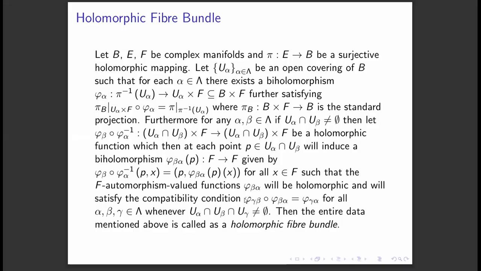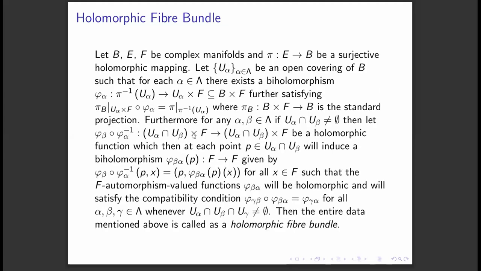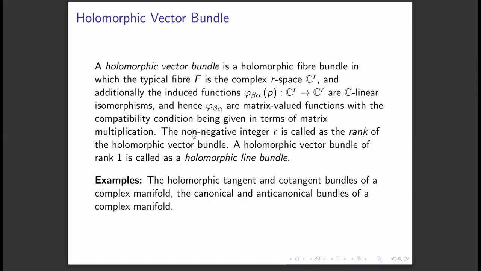These will be elements of the complex general linear group GL_r(C). So this is a holomorphic vector bundle, and this non-negative integer r is called the rank of the holomorphic vector bundle, and rank one holomorphic vector bundles are just called holomorphic line bundles. So these are holomorphic fiber bundles, holomorphic vector bundles, and holomorphic line bundles.